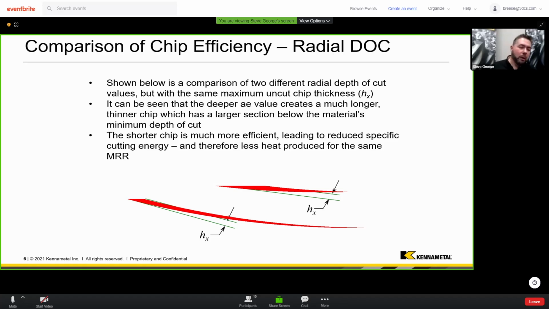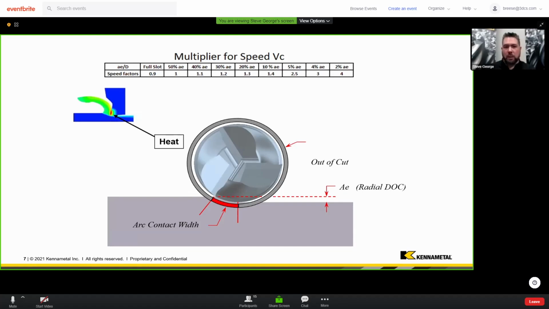With such a high percentage, a nice little drop in specific energy directly means we are generating less heat. So again, we've got the cooling time area, we've got the area for heat flux, and now we're producing a more efficient chip because we're causing less rubbing. Okay, so those are some things to keep in mind.